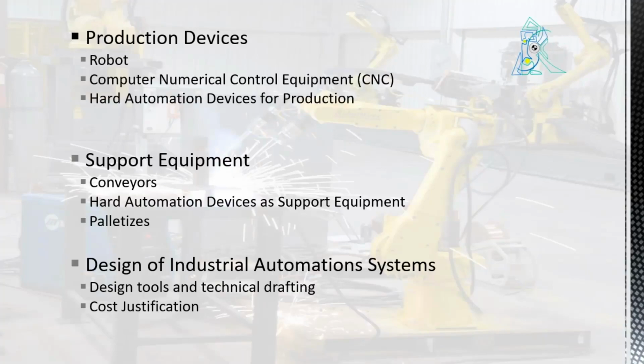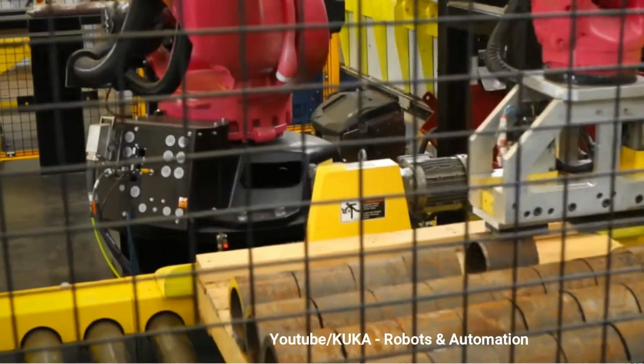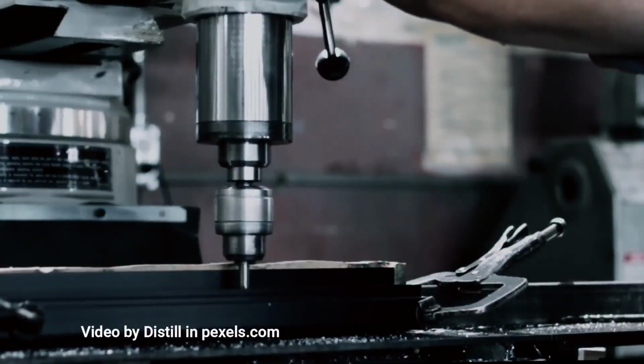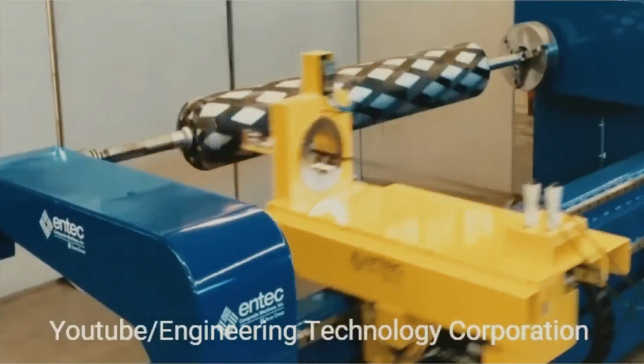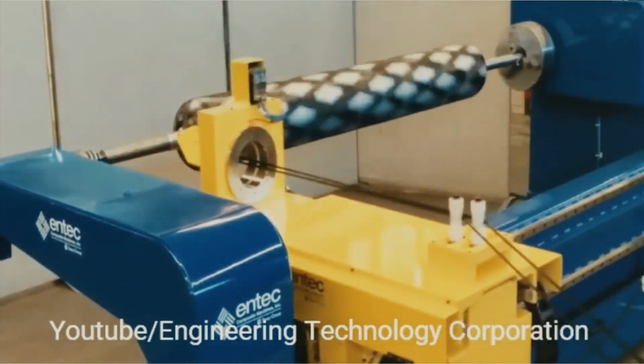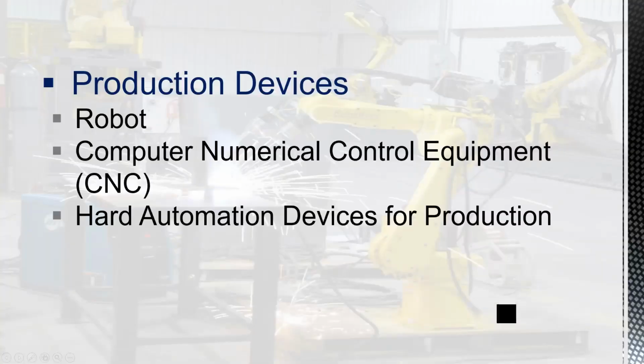For the production devices, currently the most desired devices are robots. Before this, we had CNC systems, which are more on fast and static, Cartesian production lines. And we also have a lot of hard automation devices.